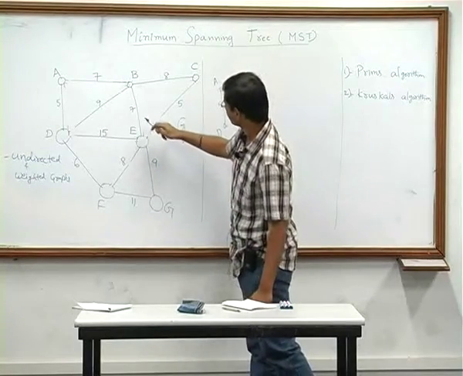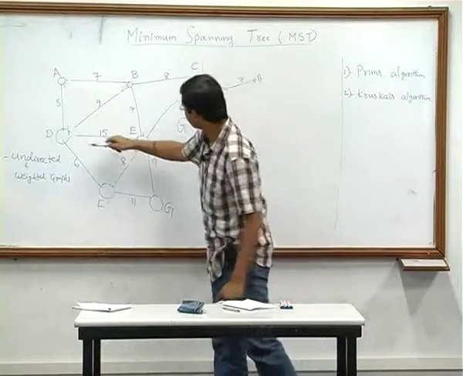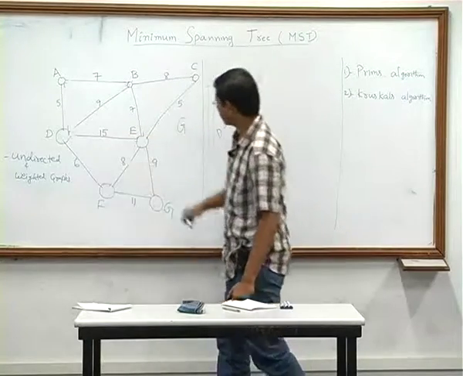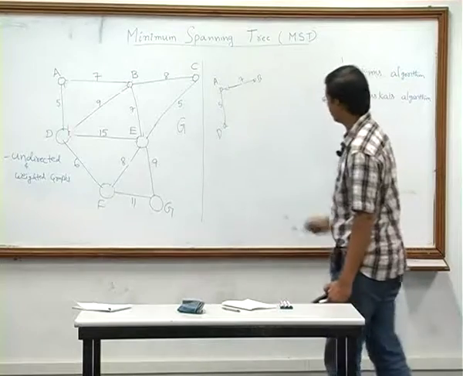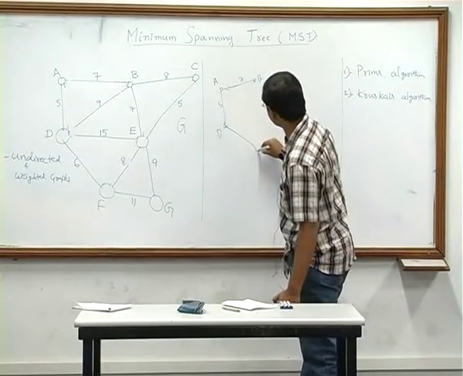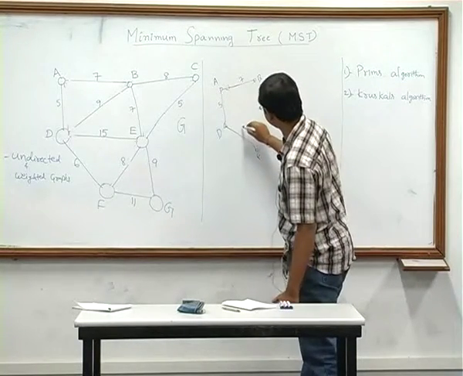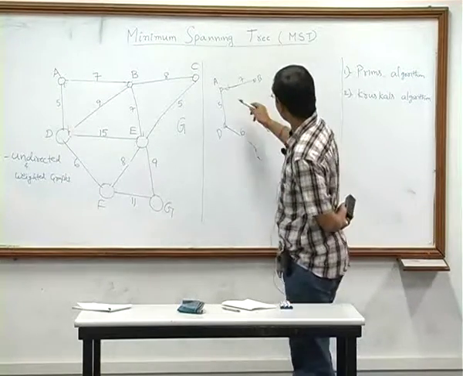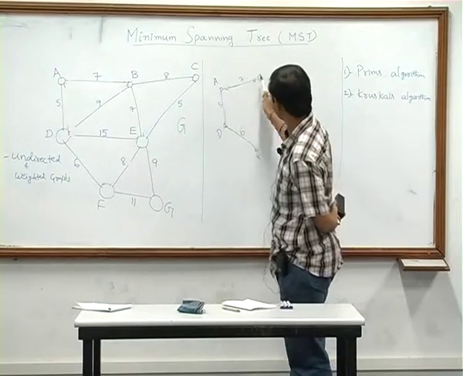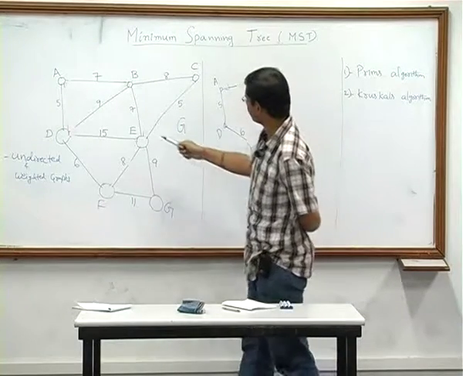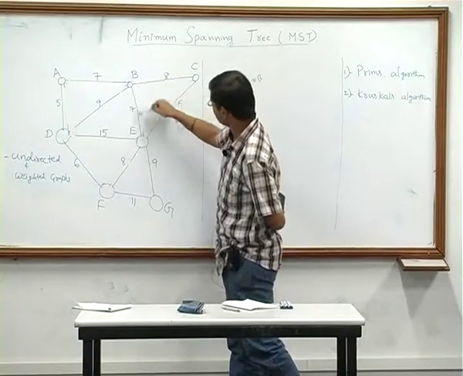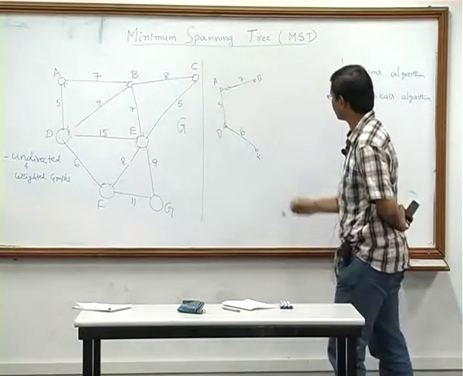You can check that the edge DF with weight 6 is the one to be selected next. Then, out of all the edges going out of A, B, D and F, you can check that the edge B to E with weight 7 is the one to be selected next.